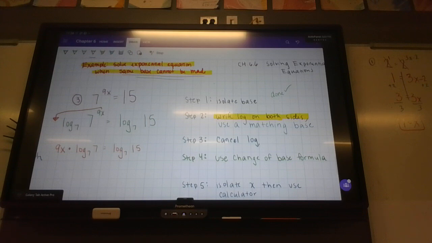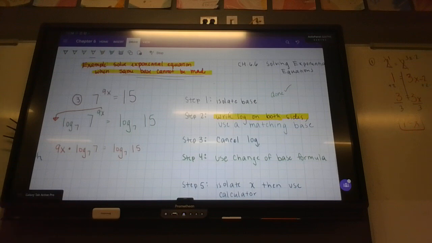Last week I had some log facts over here on the board. And one of them was if the base matches the argument, that logarithm equals 1. Because in that case, you're saying, what power of 7 equals 7? It is 1. So anytime the base matches the argument, it cancels to be 1.